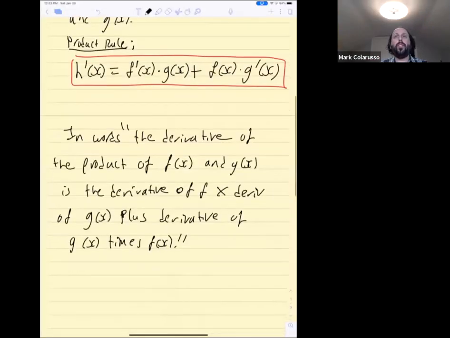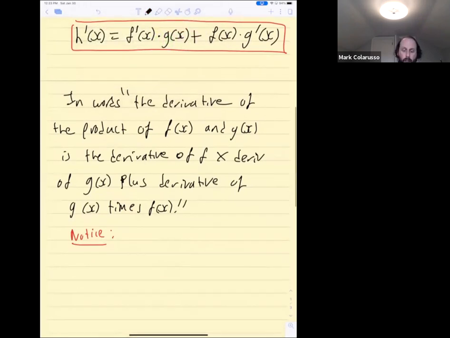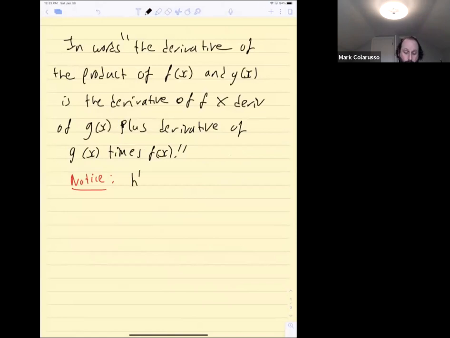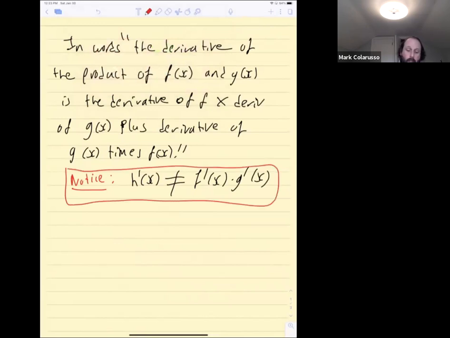Okay, so an important thing to note, this is quite important: the derivative of the product is not equal to the product of the derivatives. So that's the most common mistake. And that's kind of what you would want it to be, but that's just not true.